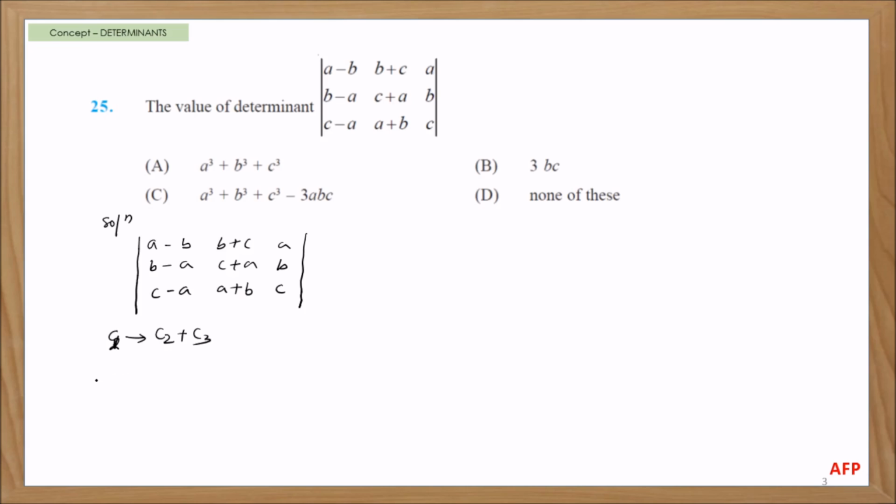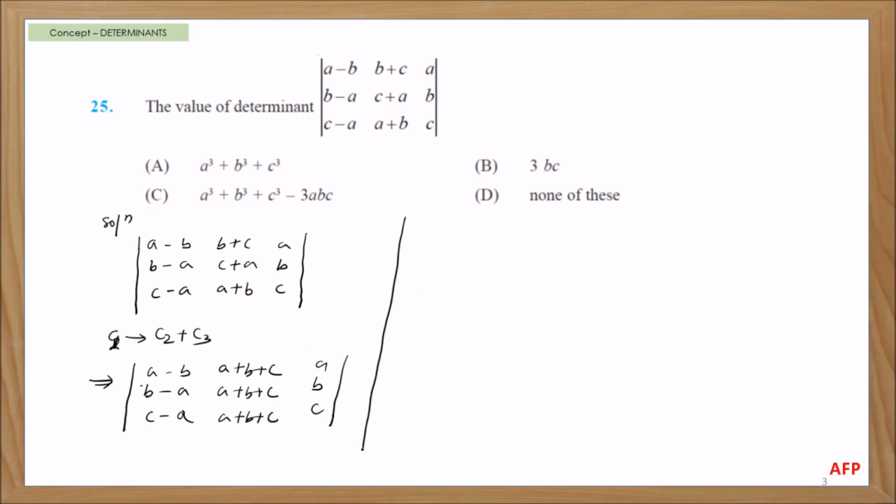So the first column we will keep as it is. In the second column we are getting a plus b plus c, a plus b plus c, a plus b plus c. The third column is also as it is.